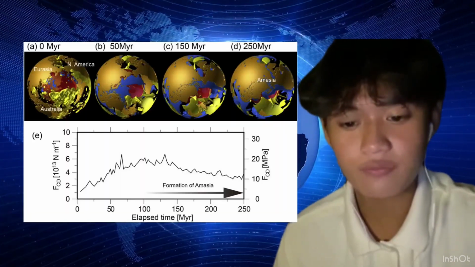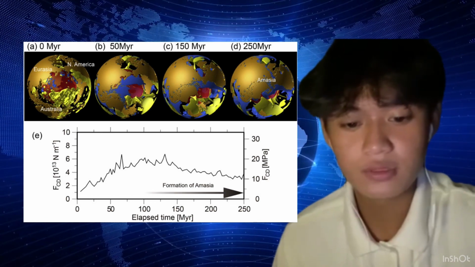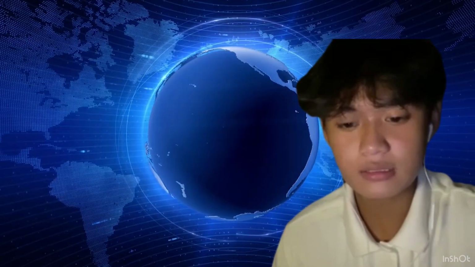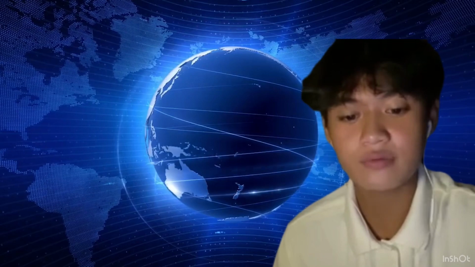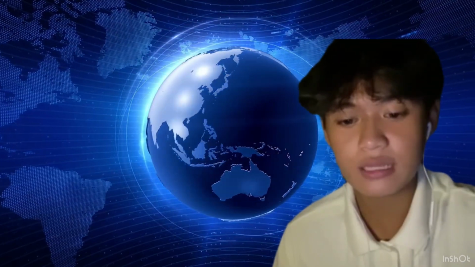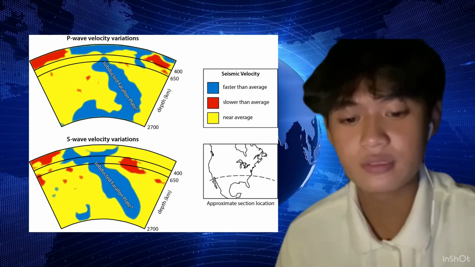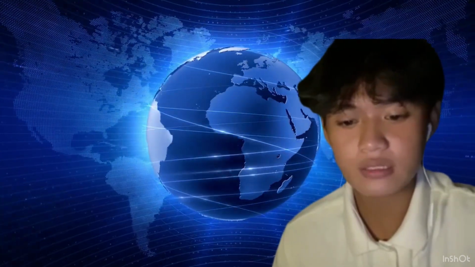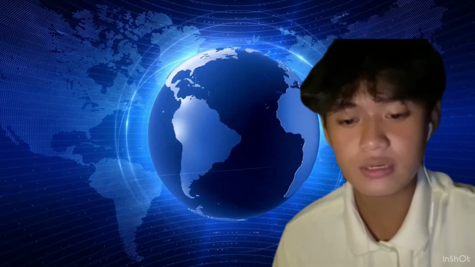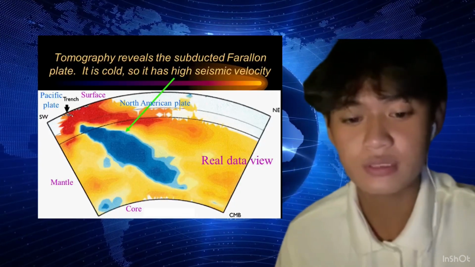Prediction of the configuration of the next supercontinent. Let's look at the diagram. We have had this evidence of continental drift in our hands for nearly 50 years, and we have seen what causes plates to move. We can also see the Earth's subducting plates through this.